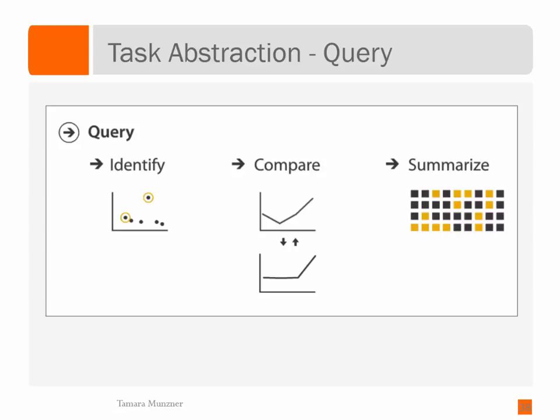So in querying, when we query, we'll identify certain data elements. Then we can compare those. So we compare one trend line to another, and then we might summarize whatever that comparison is.